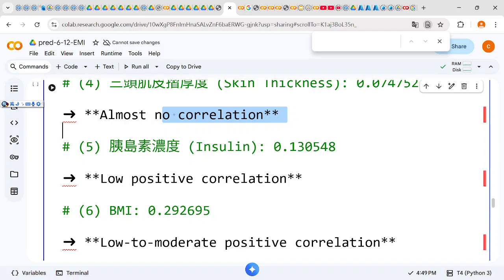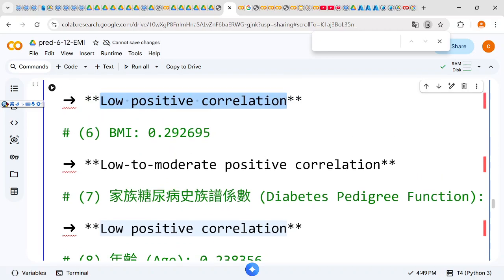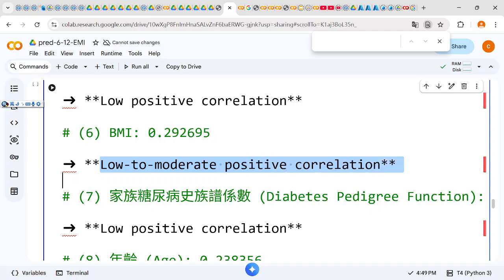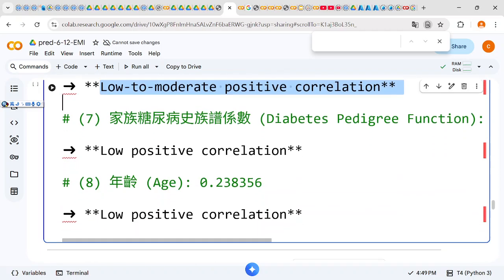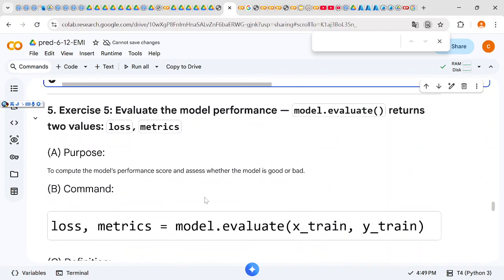Insulin is a low positive correlation. BMI is a low to moderate positive correlation. Diabetes pedigree function is a low positive correlation. Age is a low positive correlation.